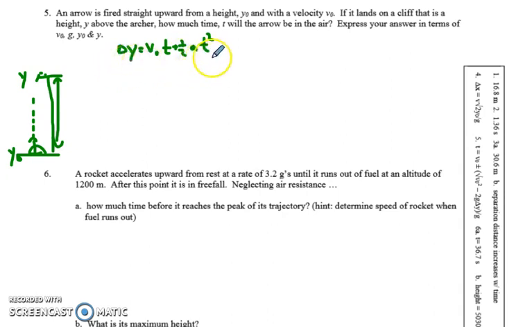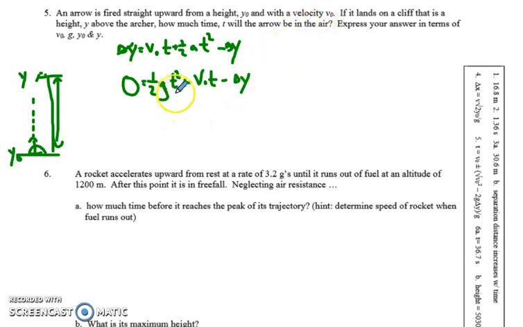I'm going to subtract the delta y, and that leaves 0 on the left-hand side. And I'm going to rearrange things a little bit. So I'm going to leave it as 1/2 a times t squared plus v naught t. And actually, this a is really g, the acceleration of gravity, and then subtract my change in position.